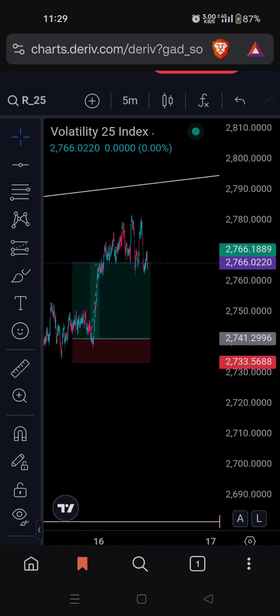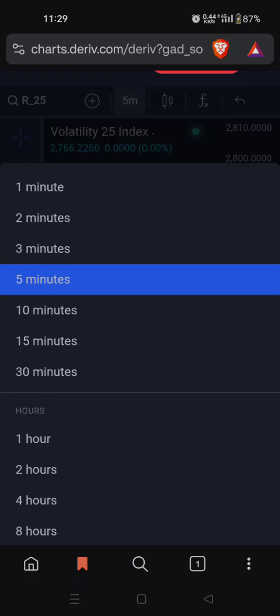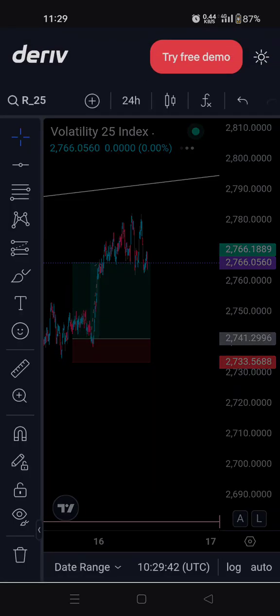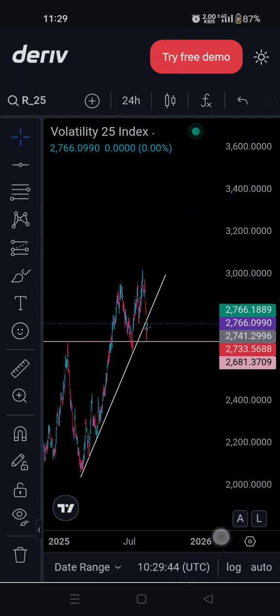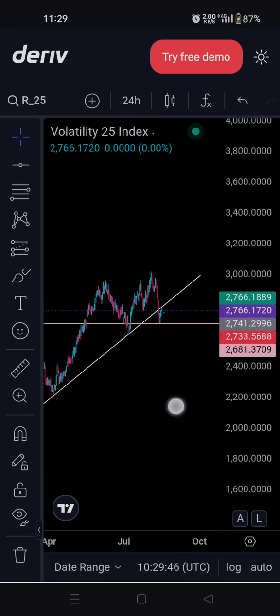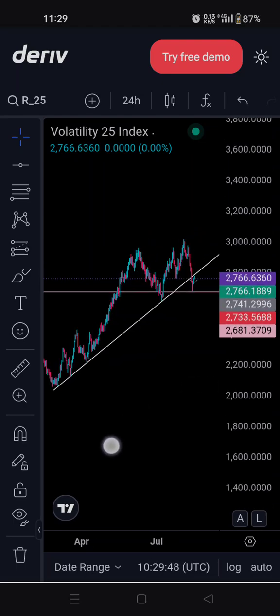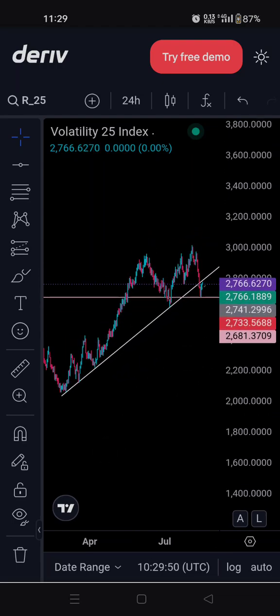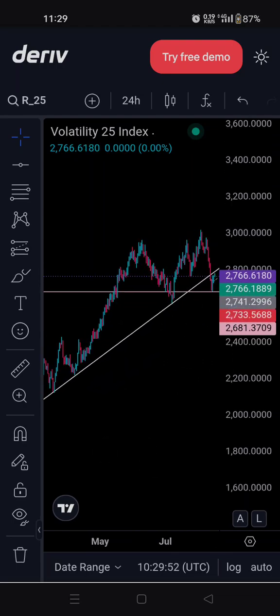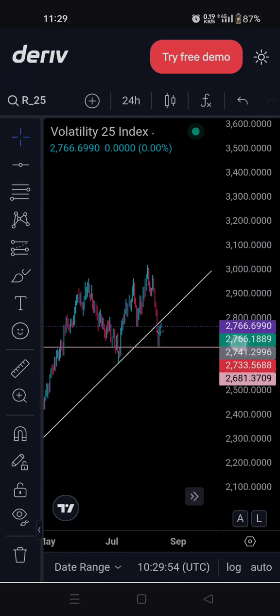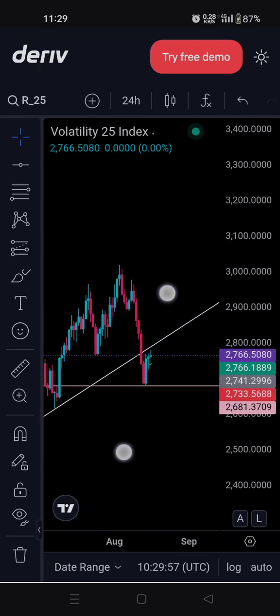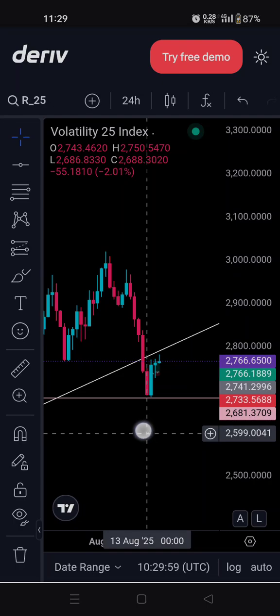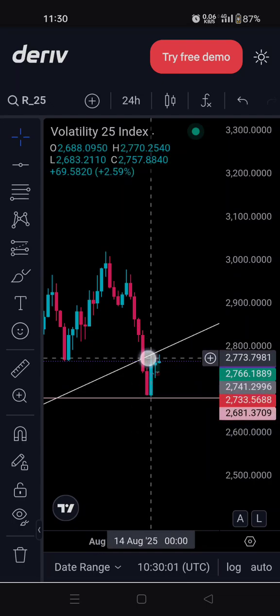All right, so without further ado, let's go to this. First of all, what did I see? I went to my higher time frame, which is what I often do before taking any trade. Looking at the higher time frame, I discovered that this market has actually been in an uptrend, and it broke out at this point. Look at the candle that made it break out.